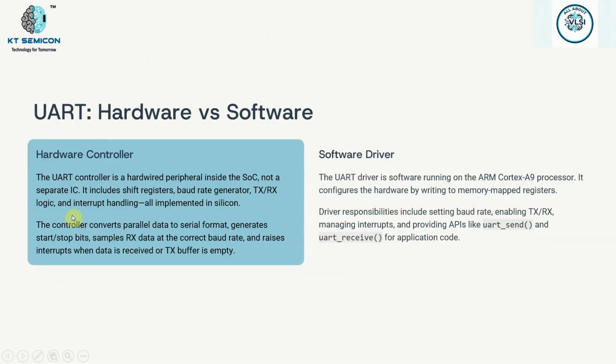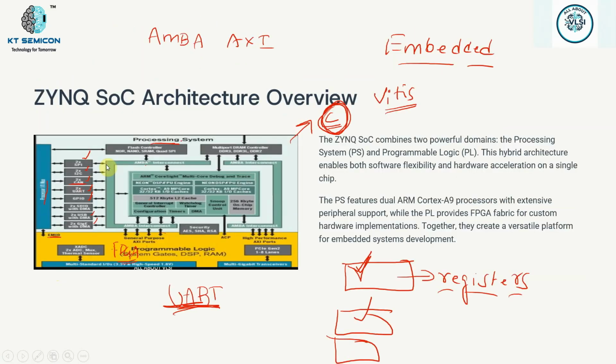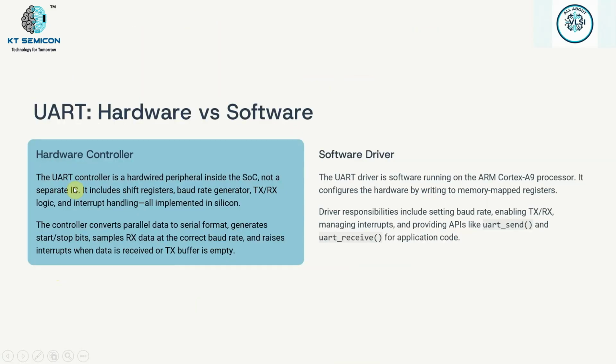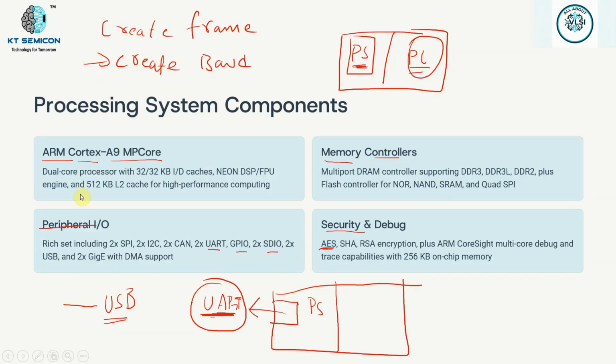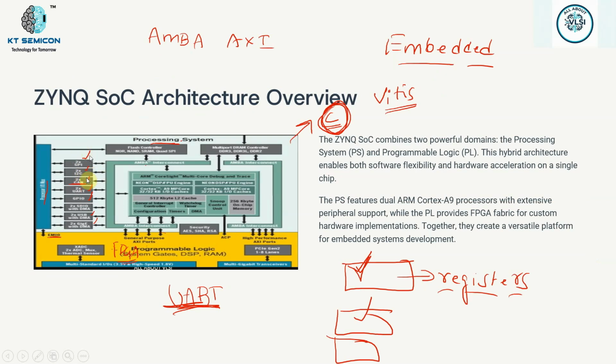Next comes UART hardware versus software. The UART controller, which we have seen here, is a hardware peripheral inside the SoC, and it's not a separate IC. It is embedded inside your processor itself.